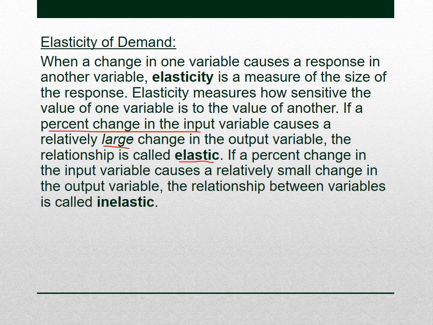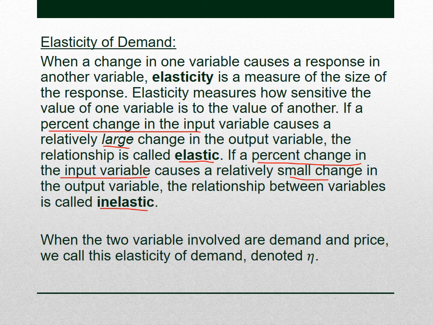So the more elastic something is, the more a 1% change in the first variable creates a large change in the second. We call something inelastic if that same 1% change in the input variable causes a relatively small change in the output variable. All right, so elastic if a 1% change creates a really large change, and inelastic if a small 1% change creates almost no change.